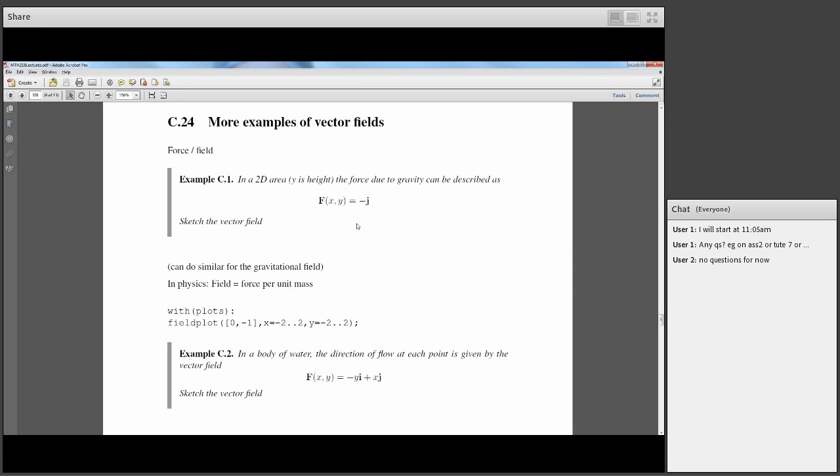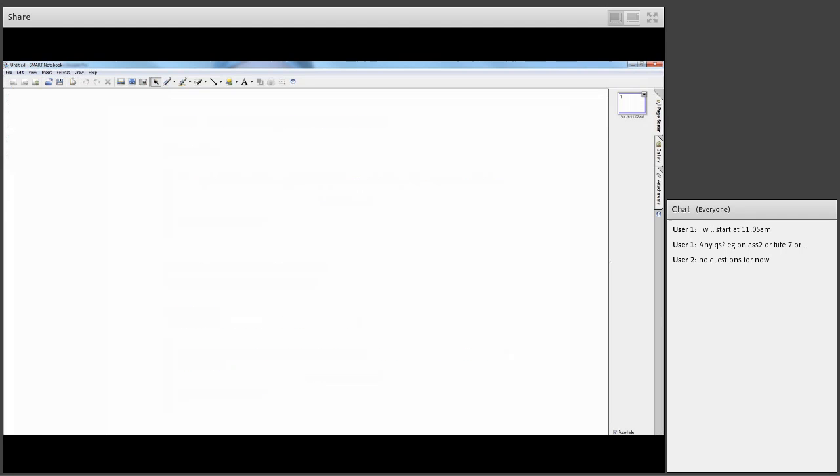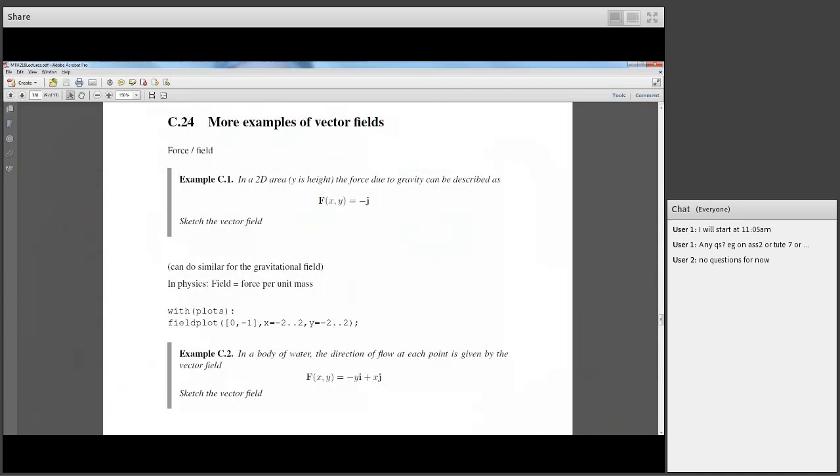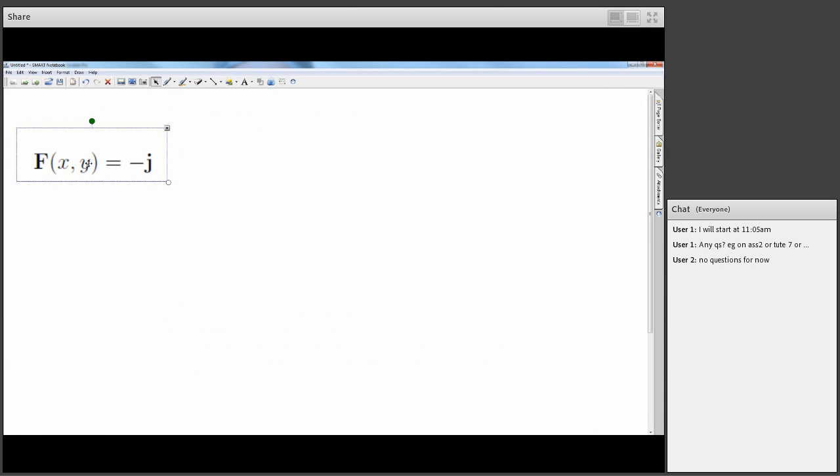I want to get a sense of what this vector field looks like. So I will show you how to draw it. Okay, so this is my vector field, and I want to try to draw what it looks like.